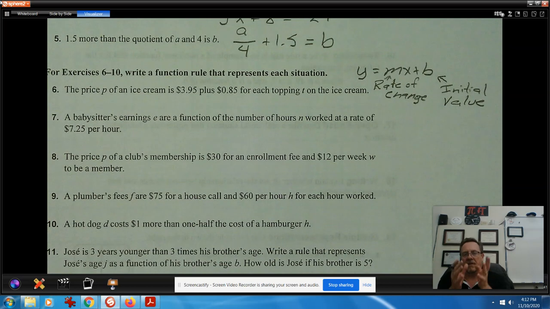For example, if I wanted someone to come and work on my plumbing, that plumber might say, well, I charge $100 for the call, and then so much an hour after that.